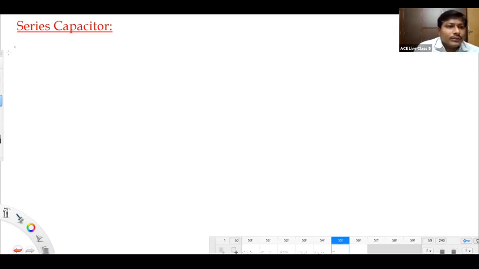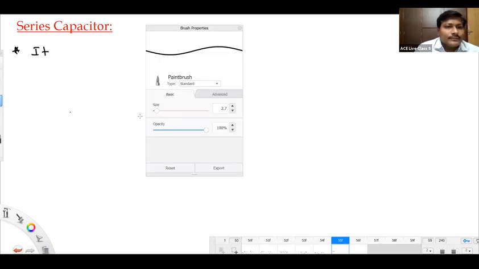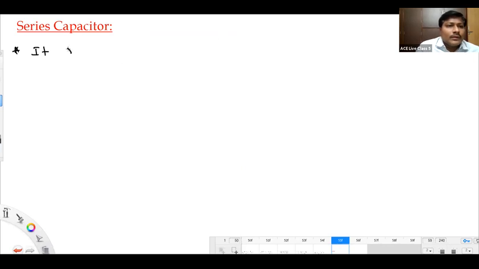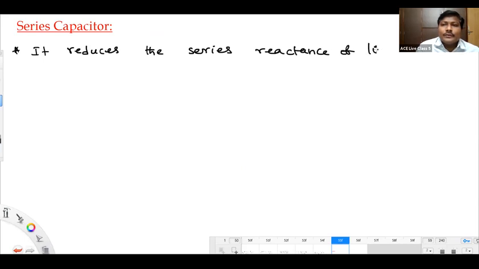It reduces the series reactance of the transmission line.